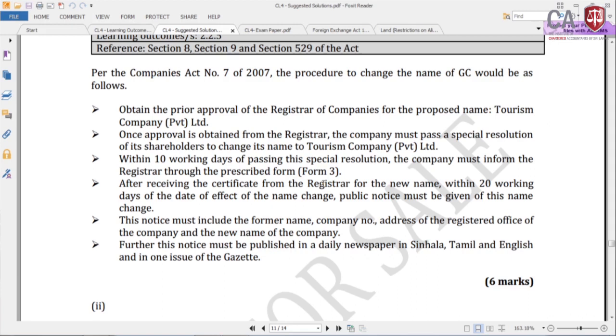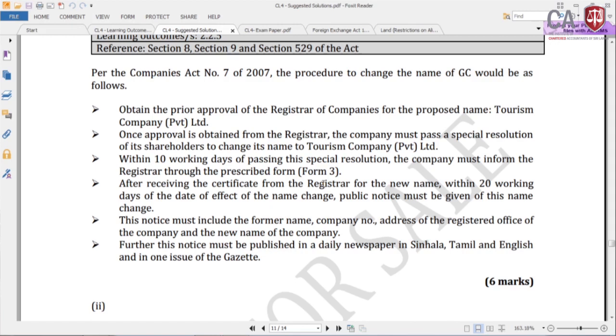Within 10 working days of passing this special resolution, the company must inform the registrar through the prescribed Form 3 about the name change. After receiving the certificate from the registrar for the new name, within 20 working days of the date of effect of the name change, public notice must be given of this name change.